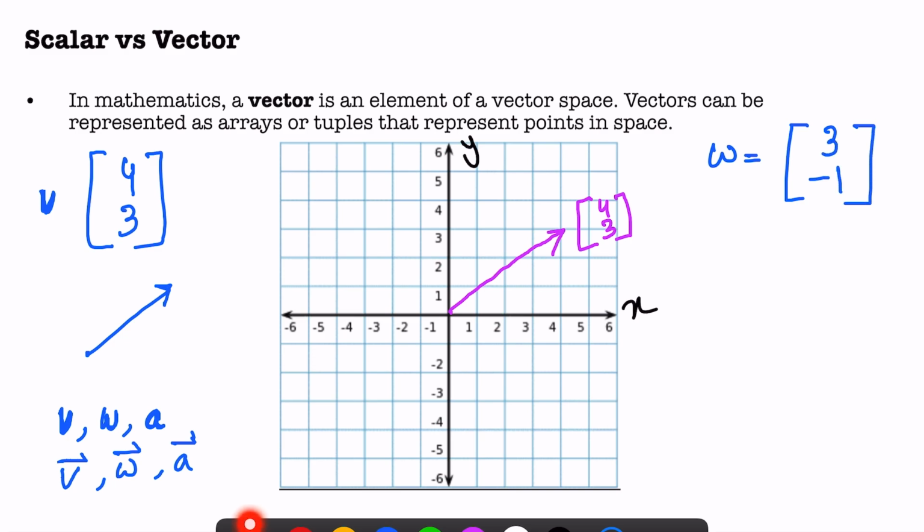For that we'll move 3 steps in the positive x direction, then 1 step in the negative y direction, right? We'll reach here and we'll connect from origin to that point. This is W, 3, minus 1. This is how we represent vectors in mathematics.